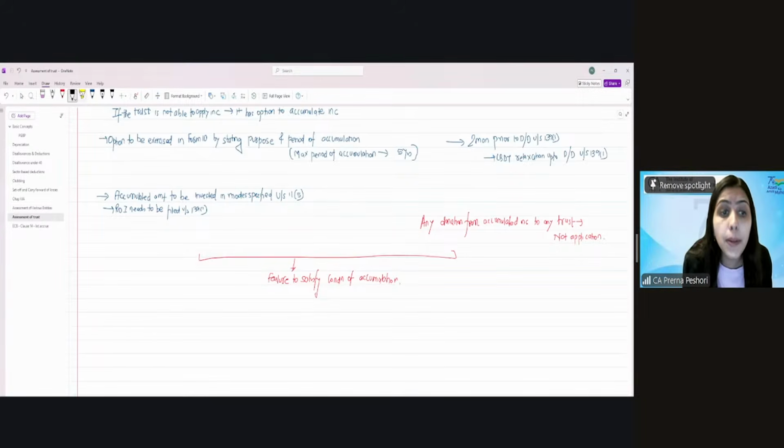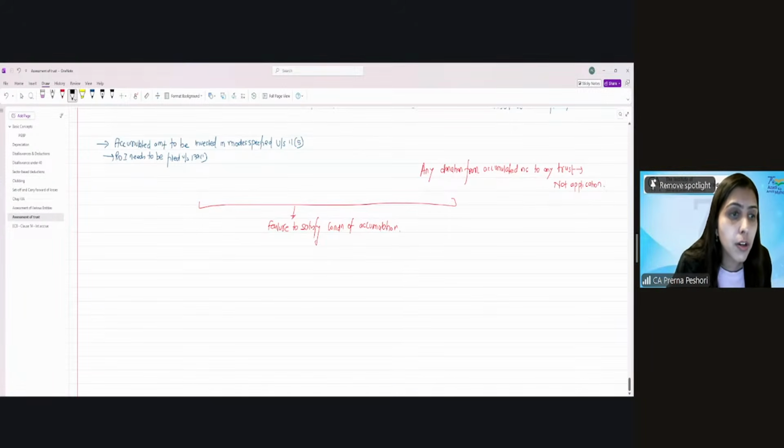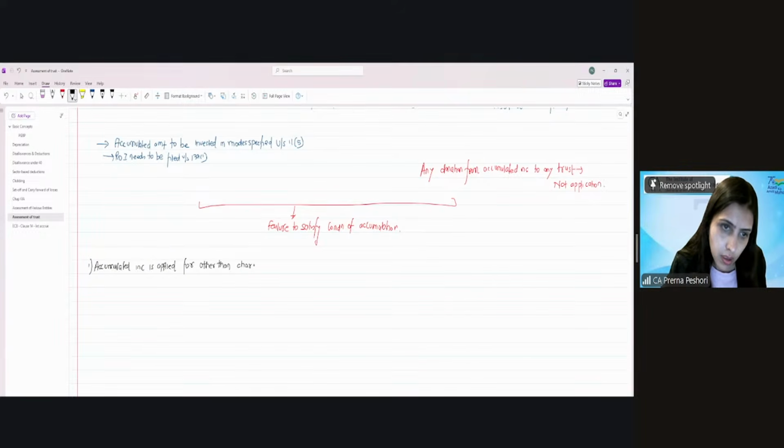Accumulated income is applied for other than charitable or religious purpose, right?